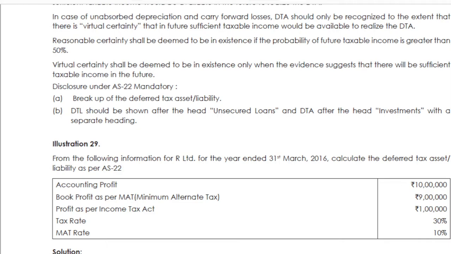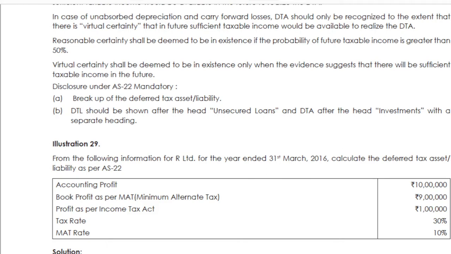Accounting profit, that is accounting income, is calculated under the financial statements, arrived based on the GAAP, generally accepted accounting principles. Book profit as per MAT is given. You should have some basic knowledge about book profit and MAT also. Profit as per Income Tax Act 1 lakh.